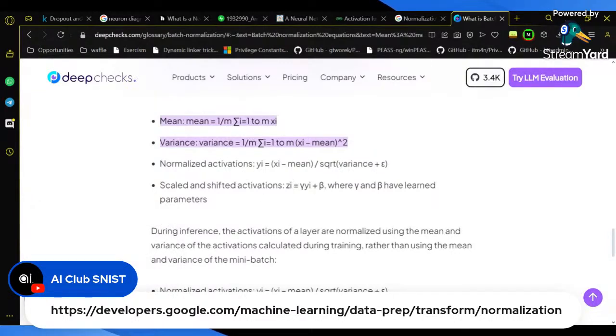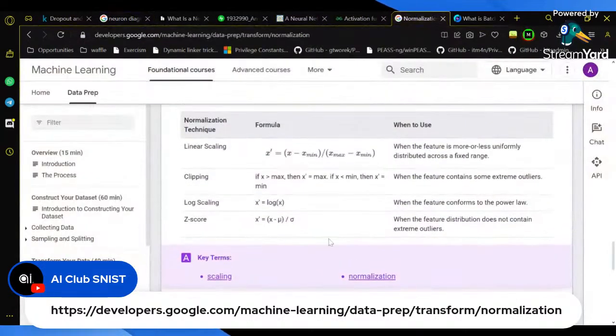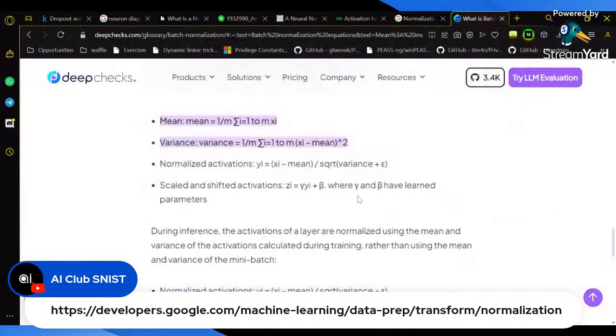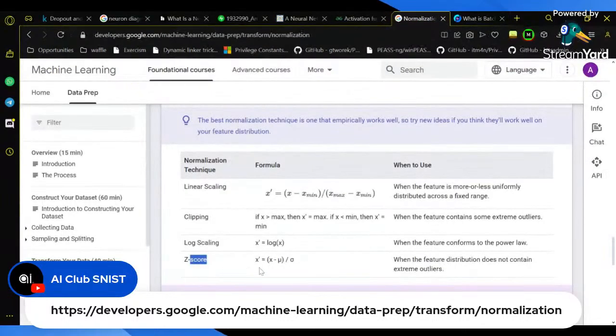Not linear scaling. Yeah, Z score. I think they're using Z score in batch normalization: x_i minus mean, over the square root of variance. The square root of variance is standard deviation. So yeah, they're using Z score normalization in batch normalization, as far as I can understand.